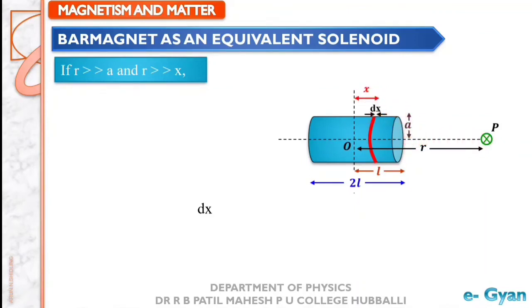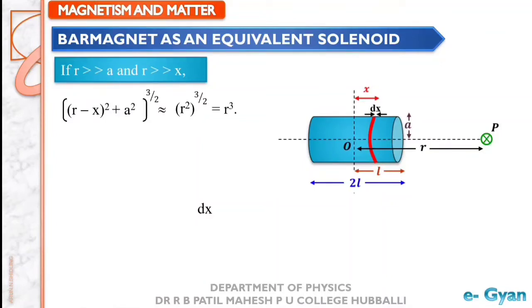So if it is this, then we can neglect a and x from the denominator. So (r minus x) whole square plus a square whole to the power 3 by 2 will come out to be r square whole to the power 3 by 2. 2 and 2 will cancel out, so we'll get r to the power 3.